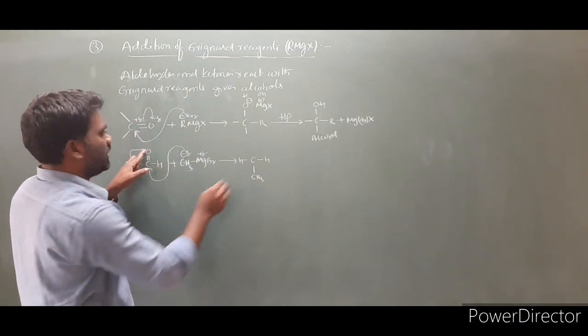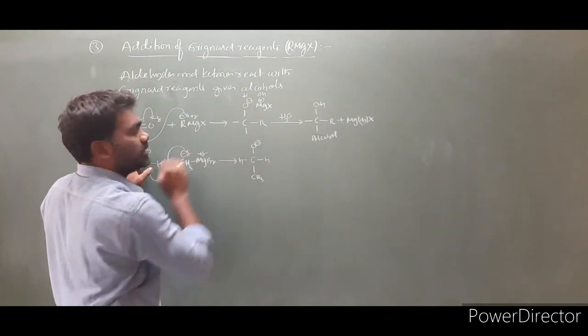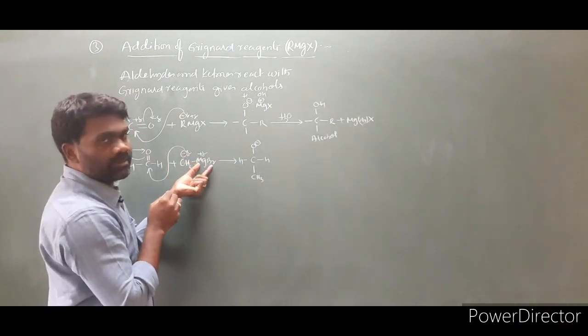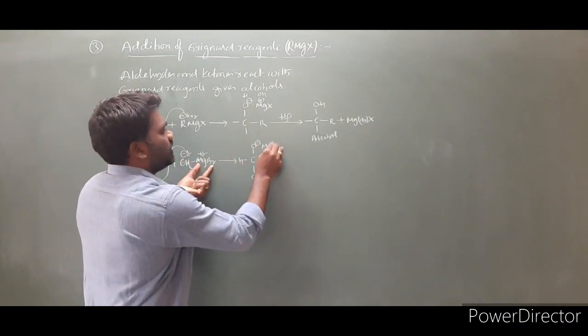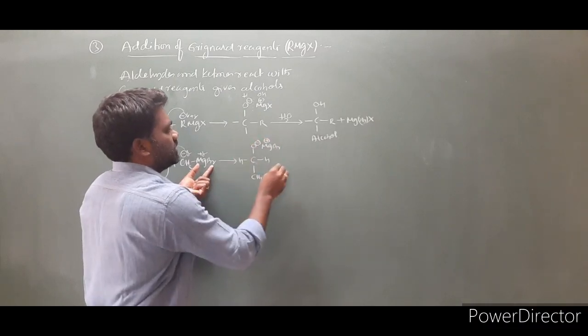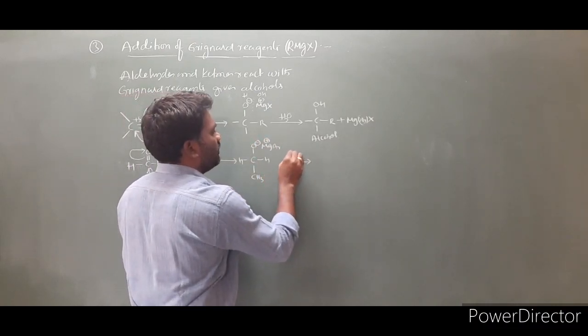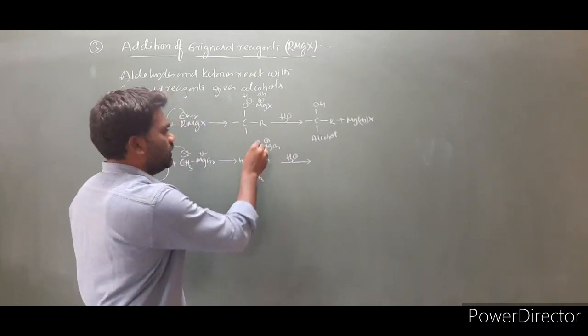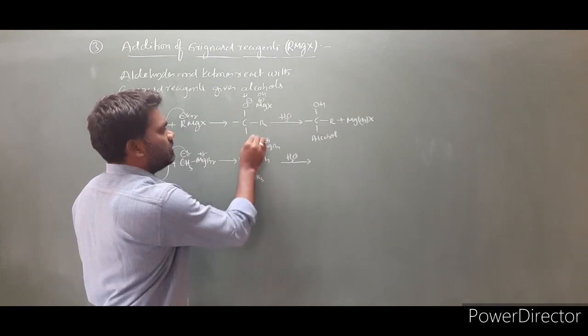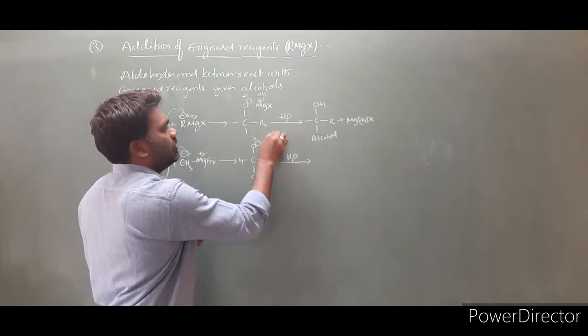Then this bond moves here. This will become O minus, isn't it? To this O minus, MgBr is attached, with the positive charge. Upon hydrolysis, on adding water, between the O minus and Mg, H is added, and this will be OH.